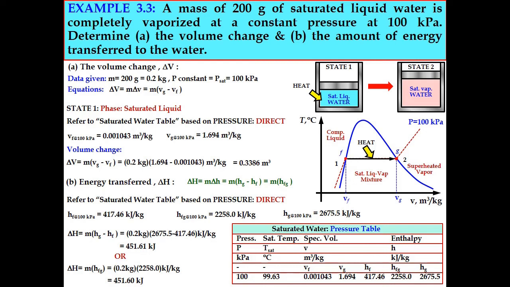So you can choose any formula to determine delta H, whether you want to use Hg minus Hf or use Hfg directly, since this table provides Hfg. In case your table doesn't give Hfg, Hfg is the same as Hg minus Hf, so we get the same value. That's how we determine the solution for example 3.3.